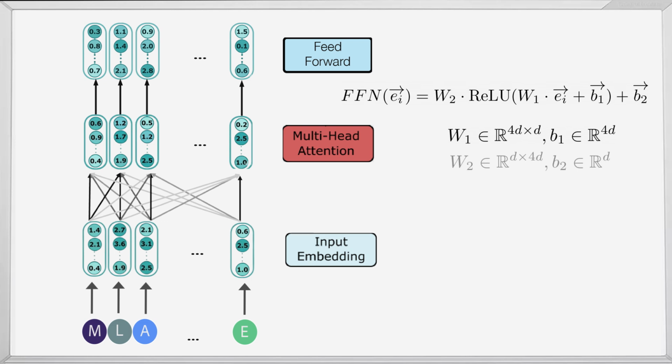Matrix W_2 has dimension d times 4d, which means we map the embeddings back to vectors of dimension d. The role of this feed-forward block is that it takes each token's mixed attention information and transforms it into a hopefully richer, more useful representation that can be better processed by subsequent layers.